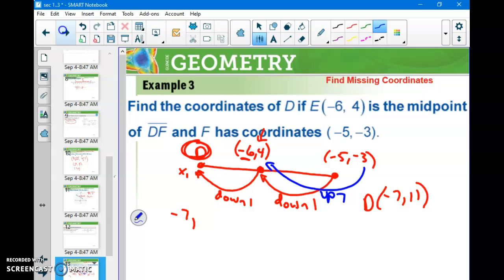To get to the other end point, it would have to go up 7 more. And what's 7 more than 4 but 11? And that's called the counting method. So I'm just counting how far it is to the midpoint. It would be that same distance to the other end point. That's the counting method.